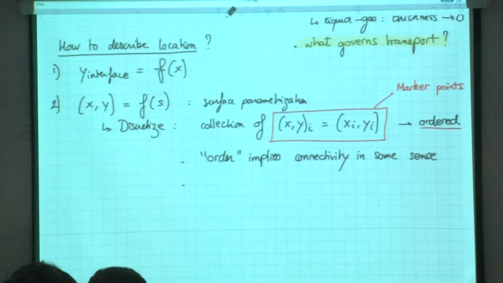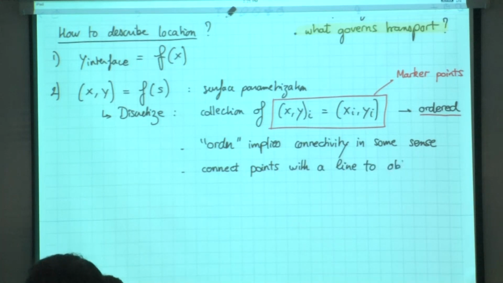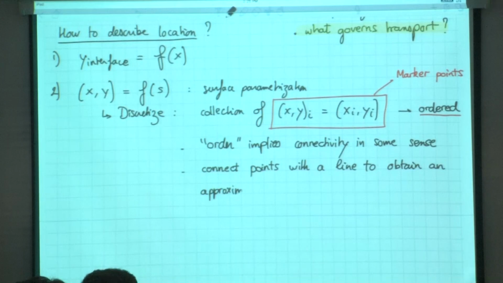In 3D, now you have to place planes, but you just have to connect points with a line to obtain an approximation of the interface.